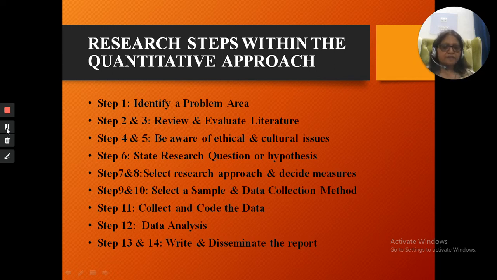Then we select the appropriate research approach, that what type of research will be helpful in this particular problem, and then we decide the population, delimit the population, find out the sample, and go for data collection.